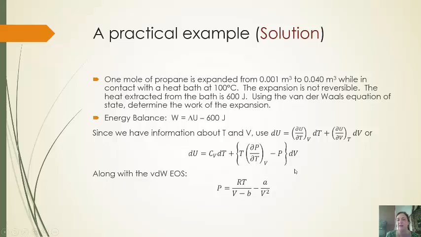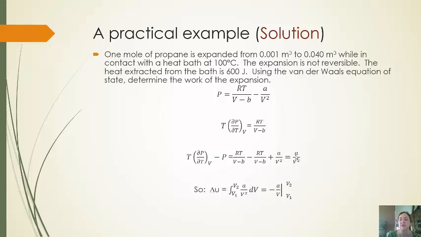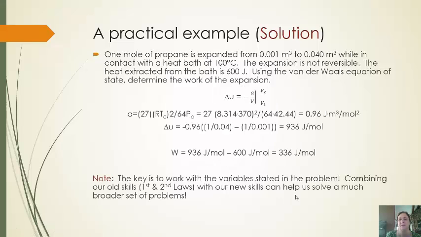If I go back and look at this, Cv dT, again, I'm holding T constant, so this is going to integrate to 0. I now have A over V squared here, dV. If I want to know the change in U, I can integrate for the change in V. So I end up with this. Doing the integration, we end up with that expression.